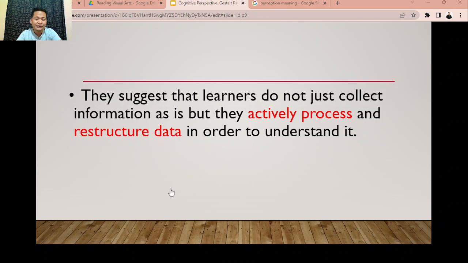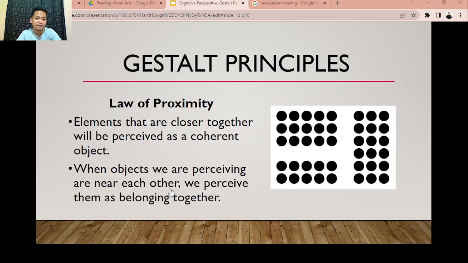So that's the application of what we're talking about, Gestalt psychology. Now, let's take a look at the different Gestalt principles.